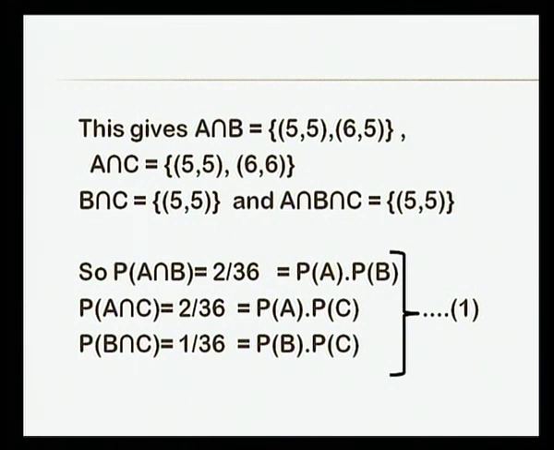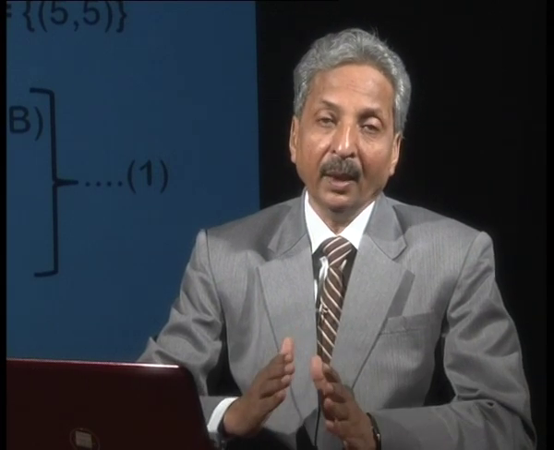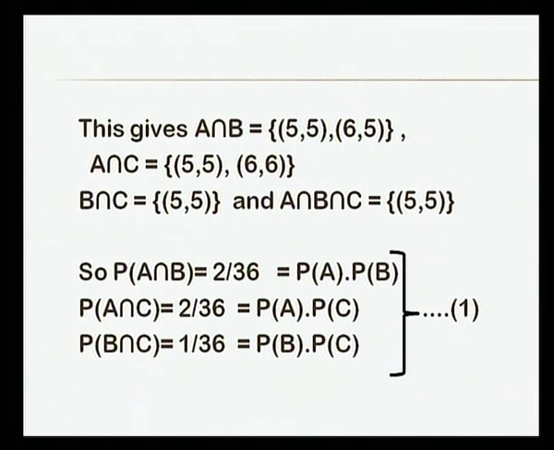And if I take the intersection of A, B and C, that is, I am taking the common elements of sets A, B and C, then again it is only 5 5, that is only one elementary event is common to all the 3 events A, B and C.